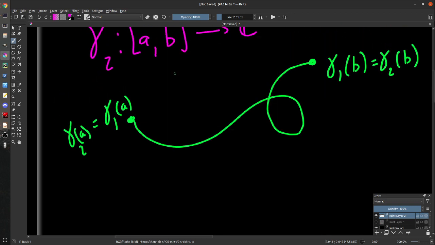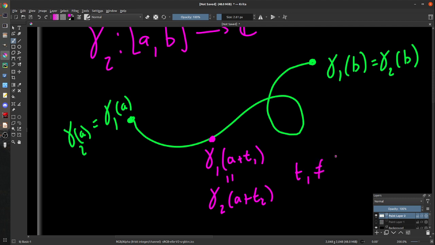And what all this is really capturing is that, maybe right here, this is gamma 1 of a plus t1, and this is gamma 2 of a plus t2, and t1 doesn't equal t2, right?